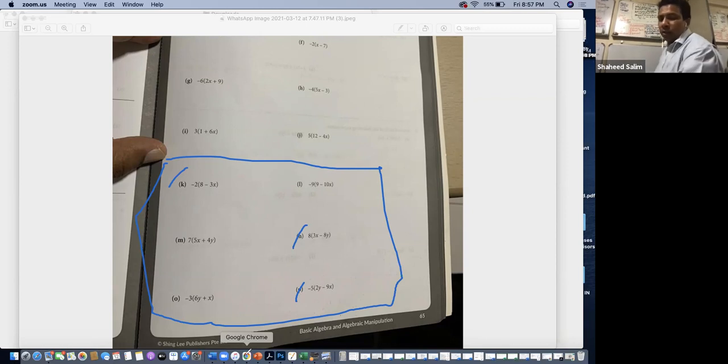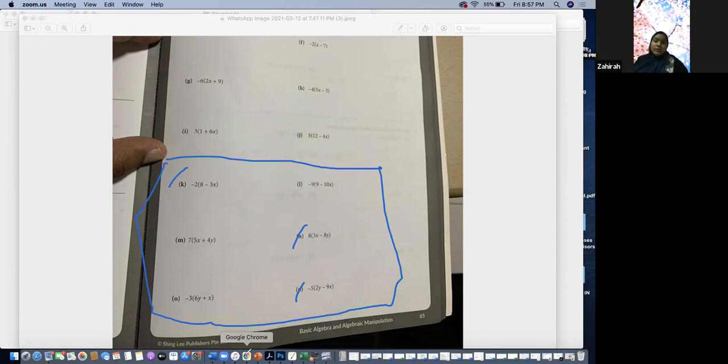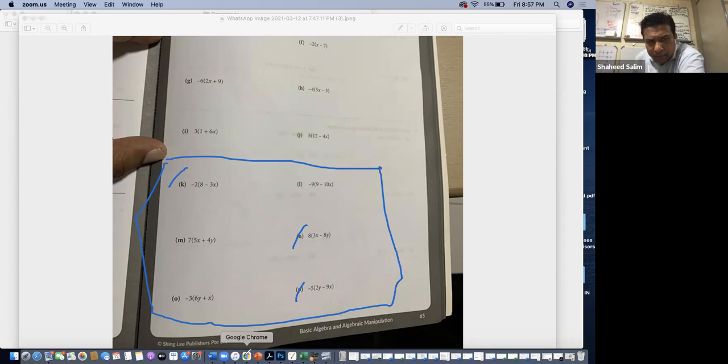Zahira, what's your answer? You got any answer, please? While you're eating whatever you're eating. Zahira. Okay, Hayan really got answers. Very fast boy. Here the first one is incorrect.